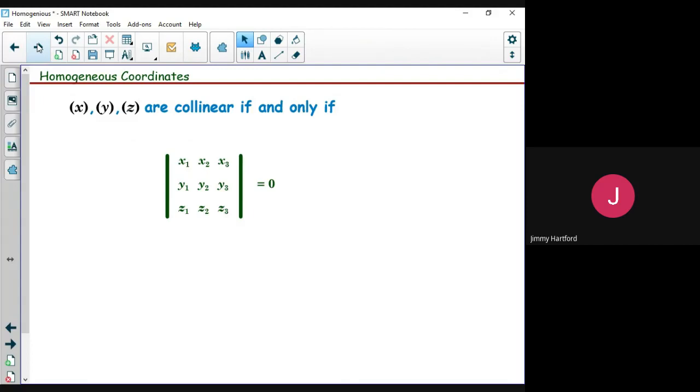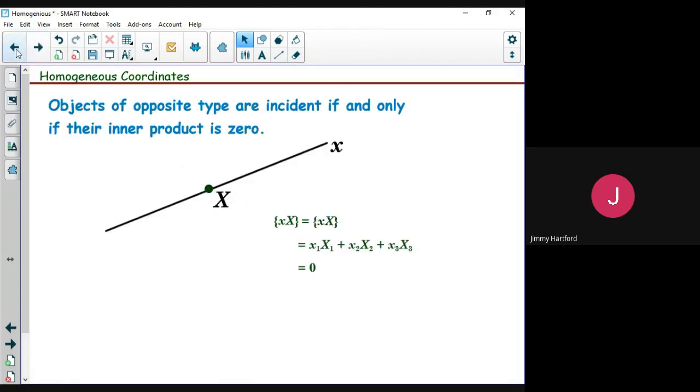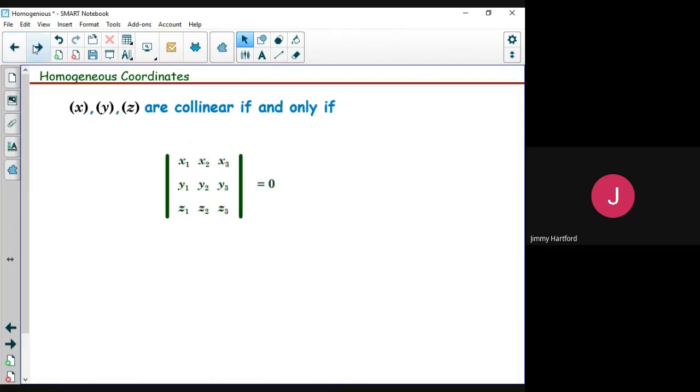We can establish that points x, y, and z are all three collinear if and only if we expand all three points, put them in a matrix, and find the determinant of that matrix. If it's zero, then all three points are collinear, which is just an extension of the inner product; finding it simultaneously is equivalent to finding the determinant.